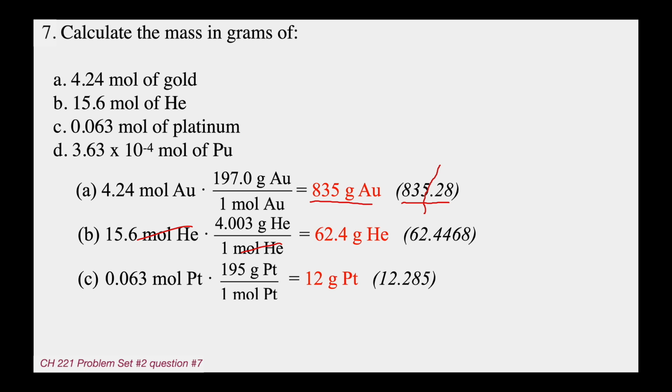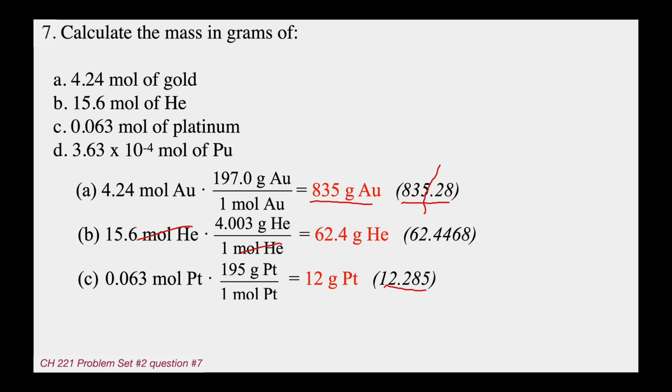So I used 195 grams per mole of platinum. I multiplied it by 0.063, 12 grams of platinum. And again, if you wish to use the complete version of platinum, I have it as 195.085. That's fine. I don't think it's going to make a difference. This number right here might change a little bit, but the final answer shouldn't change, and that's kind of cool.